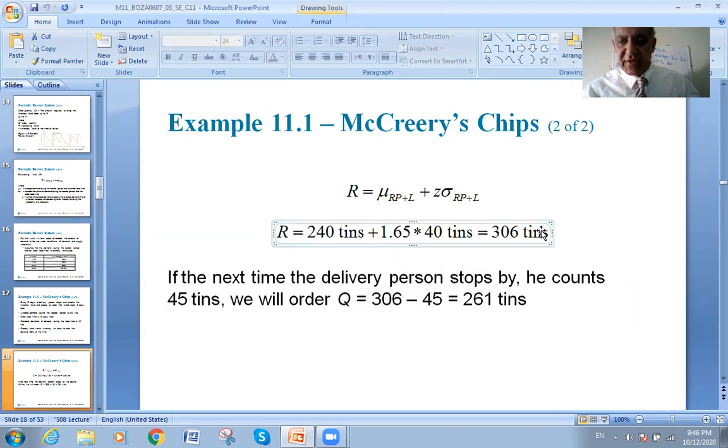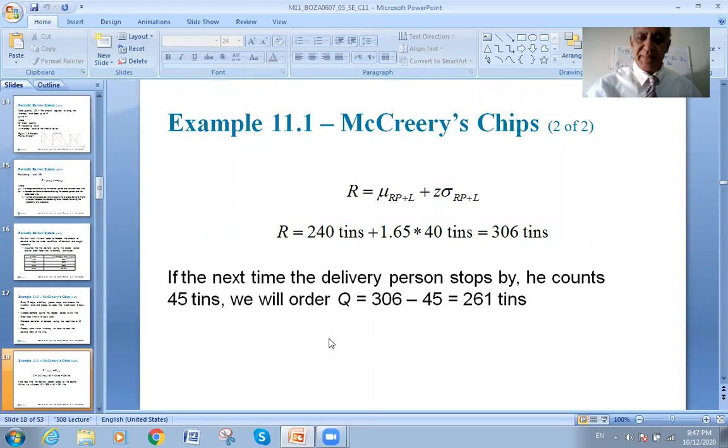This is the solution of this example. It showed me what I will do: mu plus Z, the tabulation, multiplied by sigma of the order period. Okay, we'll go to the next.